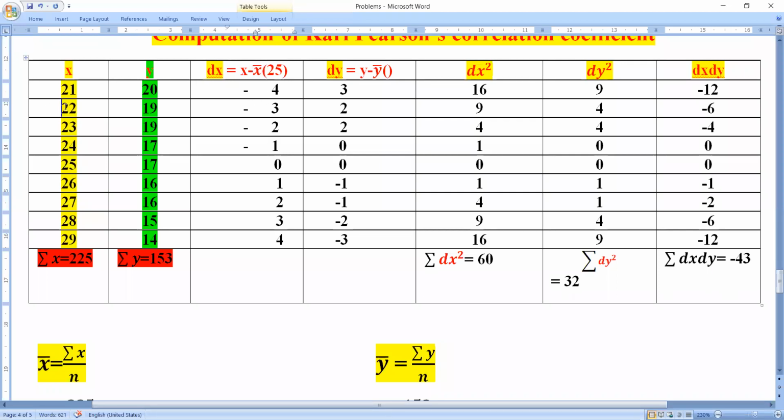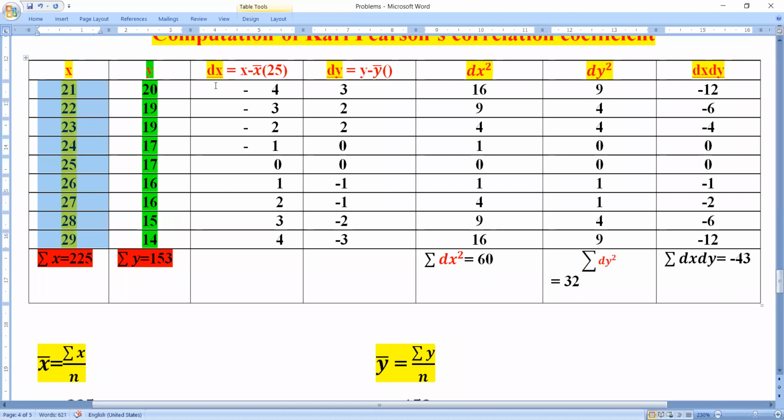Then 22 minus 25 gives minus 3, 23 minus 25 gives minus 2, and 24 minus 25 gives minus 1. 25 minus 25 gives 0. Then 26 minus 25 gives plus 1, 27 minus 25 gives 2, 28 minus 25 gives 3, and 29 minus 25 gives 4.